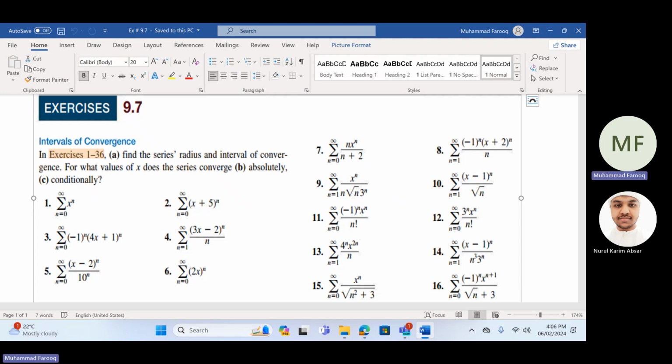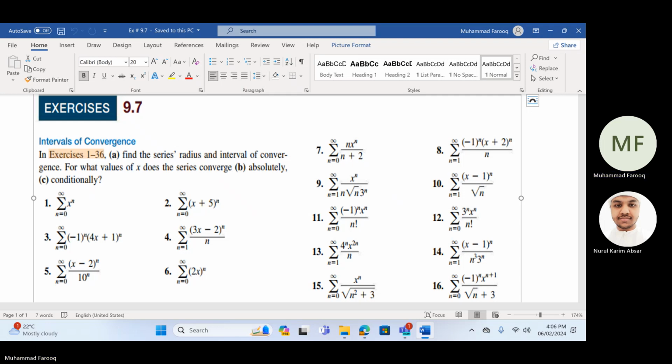So first of all, I should explain how you calculate the interval of convergence and the radius of convergence. Then we discuss how we check on which x values the series converges conditionally. It's the same as the question you get in the exam.